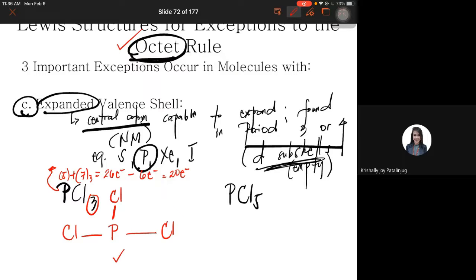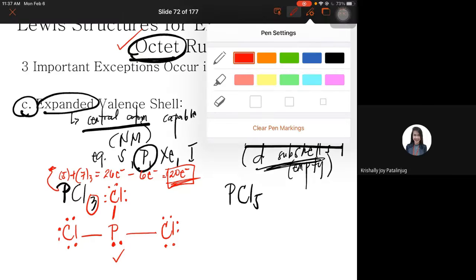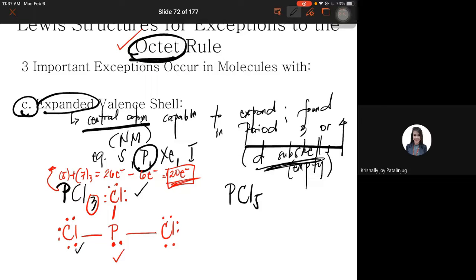So yung 20 electrons remaining will be distributed first sa surrounding chlorine. Tig-anim yung chlorine, so 6, 12, 18. Meron pang dalawa, so yung dalawa, kay central phosphorus yan. No problem, all of them attain octet. So phosphorus may attain octet.